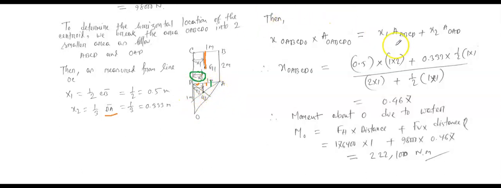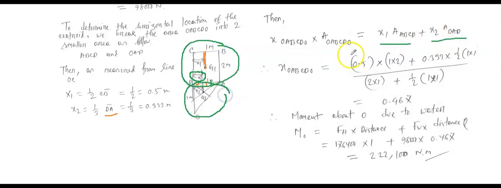So what I did here is, you see, this is for the rectangle, this domain, and this is for this triangle. So it will be equal for the whole domain. So that's actually true.